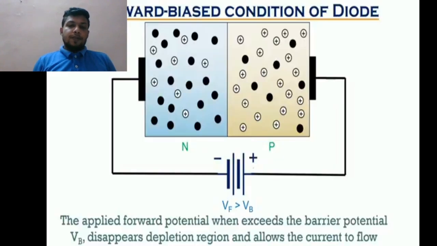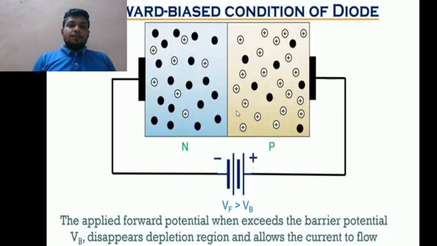If we need the current to flow, this barrier should be exceeded. We should note that this barrier potential is 0.3 volt for germanium and 0.7 volt for silicon.